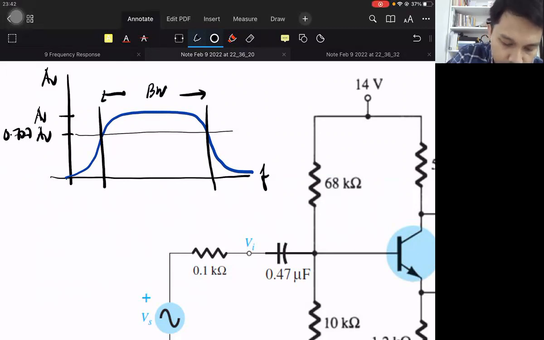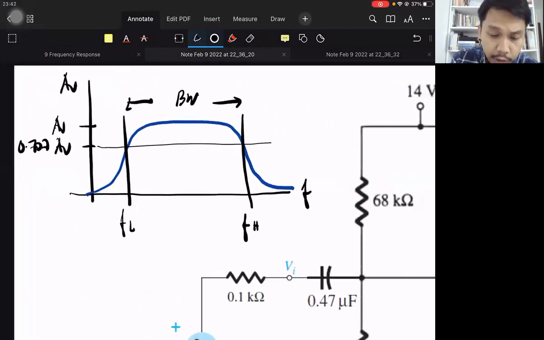Okay, so this is the low cutoff frequency. This is the high cutoff frequency.